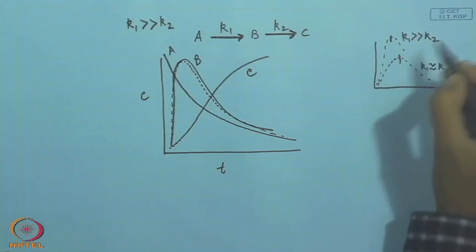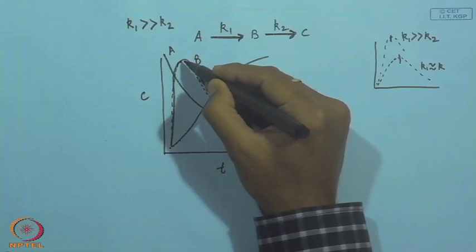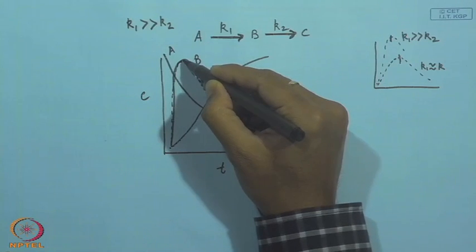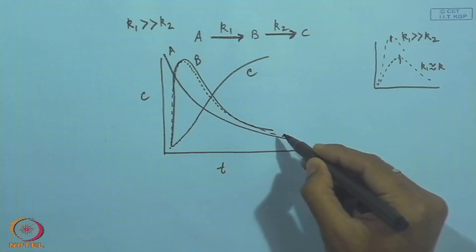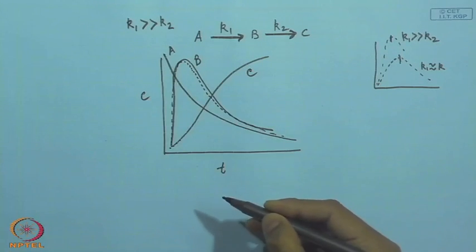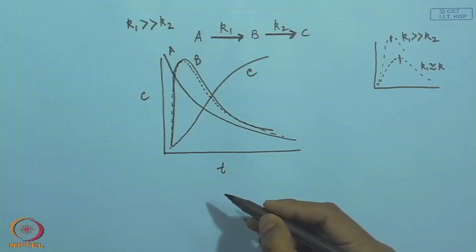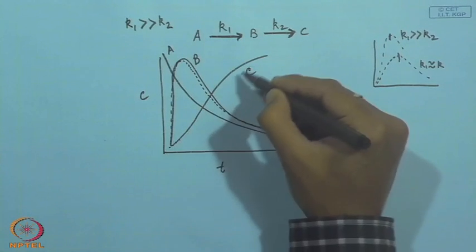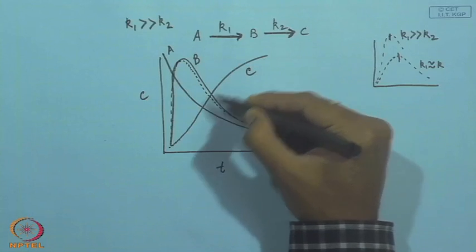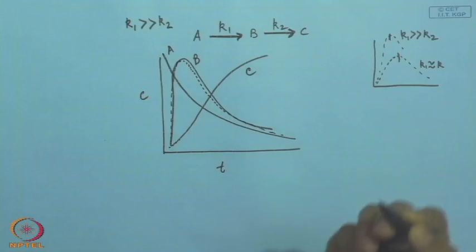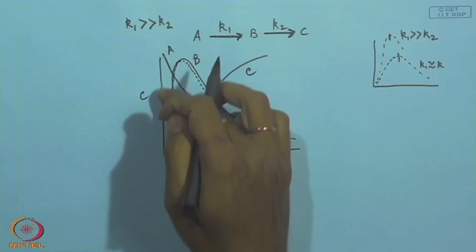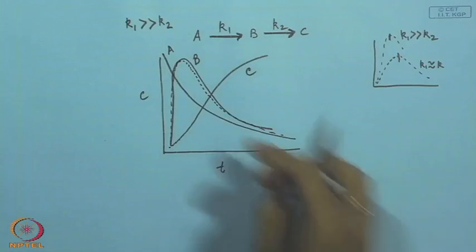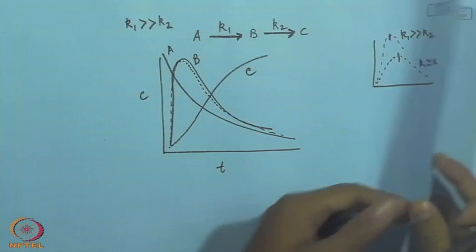So, the effect of K1 is so high that it gives you this maximum here, and then it is depleted slowly after a certain time. Okay. And C is as usual going up, that is kind of an exponential growth. So, again this is also a case where there is a rising function and a decaying function, that is why it is passing through a maximum.